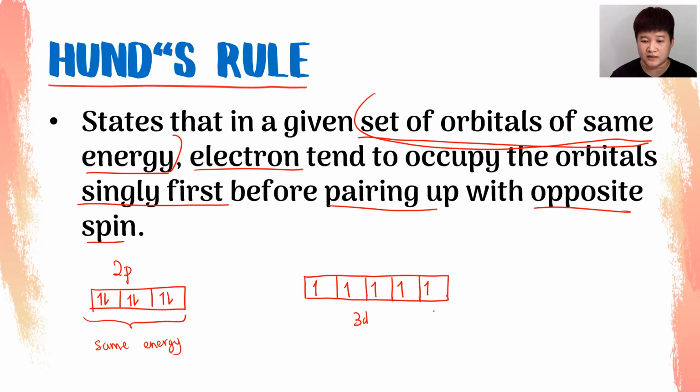After they have 1 single electron, then only they can pair up with the opposite spin. So bear that in mind. When you have a set of orbitals that are equal in energy, you must fill in the electrons singly first before you pair up with the opposite spin.